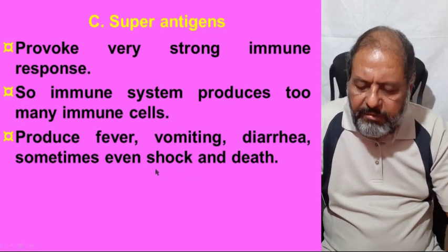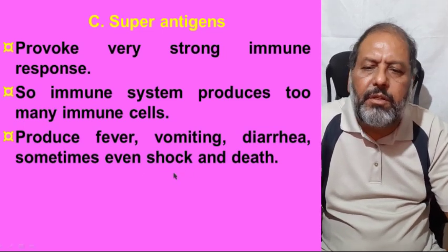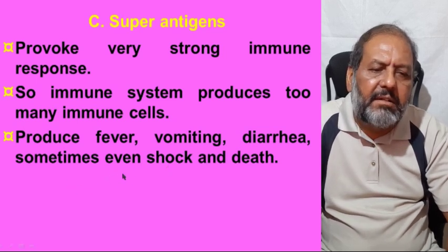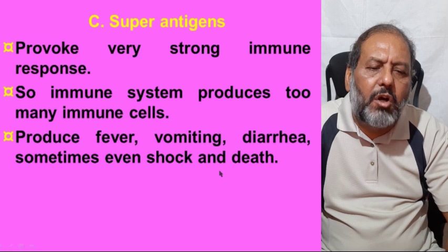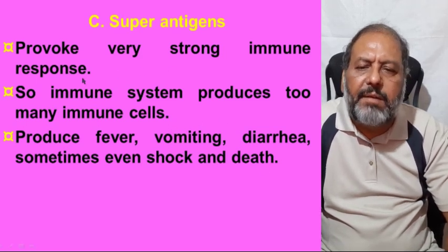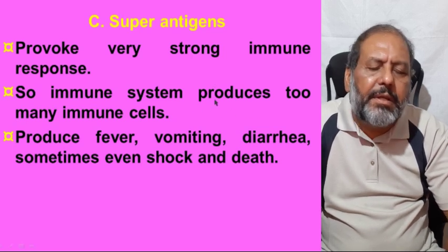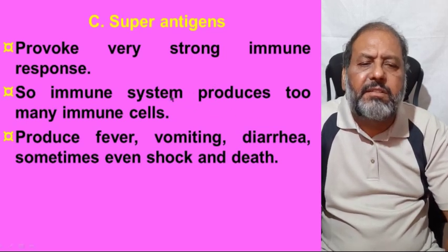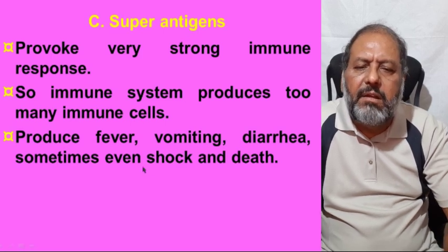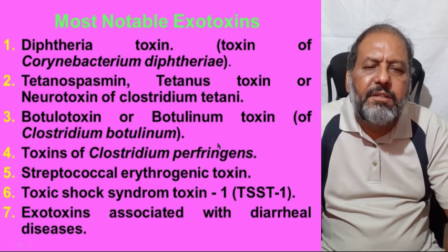These provoke a very strong immune response, so the immune system produces too many immune cells that produce fever, vomiting, diarrhea, sometimes even shock and death. That is not because of the exotoxins themselves, but because the immune system has been excited and produces many immune cells, which are responsible for all this fever, vomiting and other symptoms.